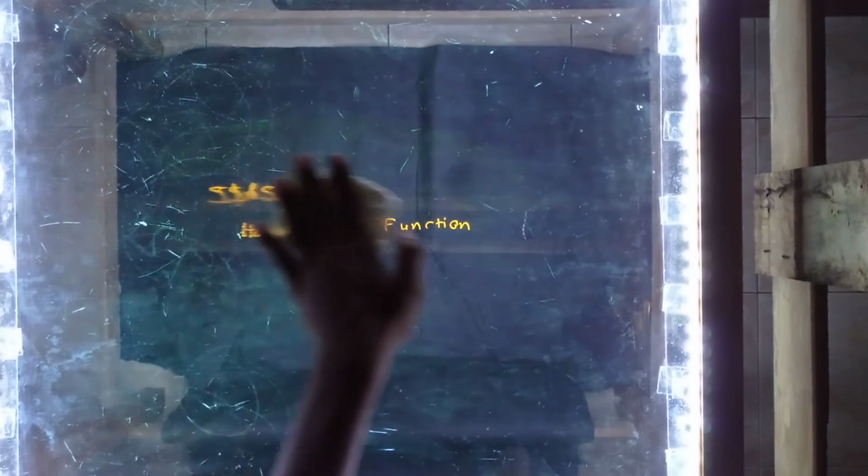So what about this homogeneous function? A function f of x and y is said to be a homogeneous function in which the power of each term is the same. What does it mean?